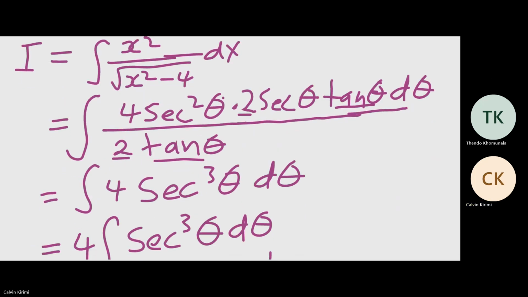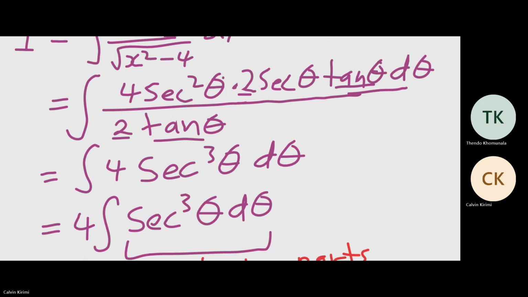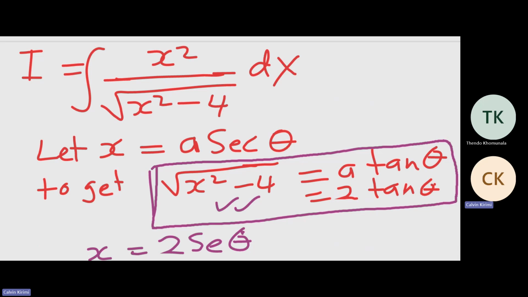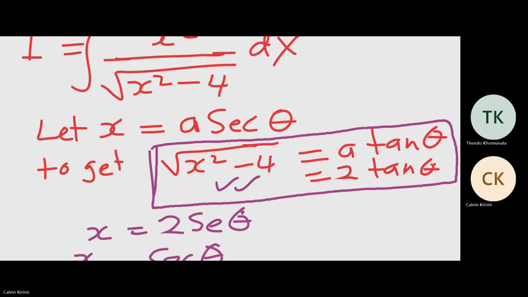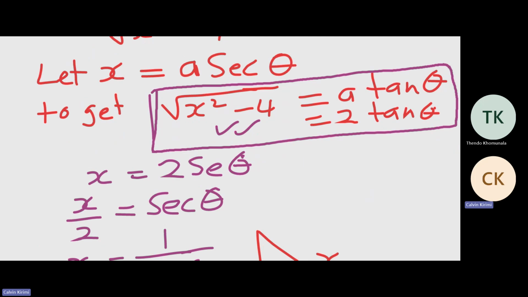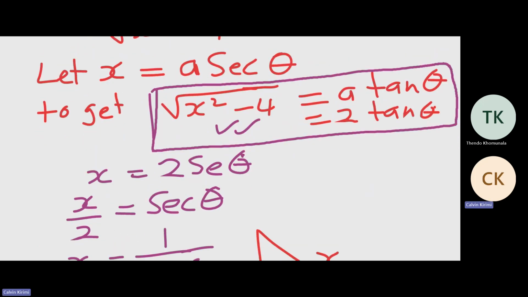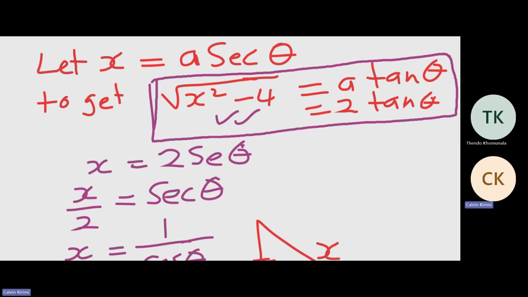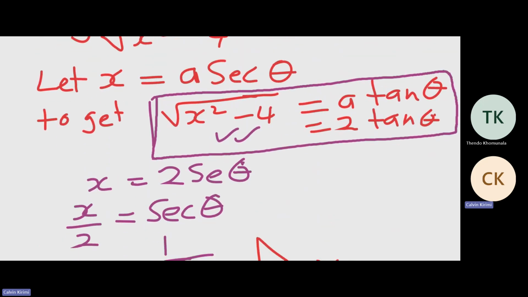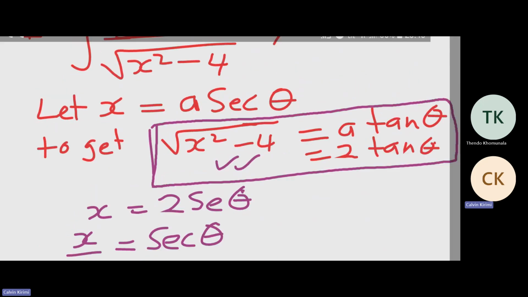You are going to let x equal a secant theta, where a is what they are subtracting. Find the value of a. A is 2, so x equals 2 secant theta, and to get the square root we use 2 tan theta.